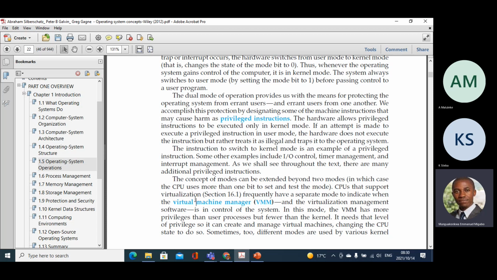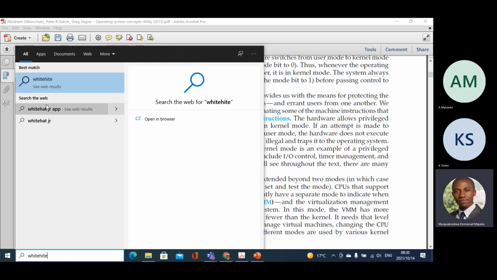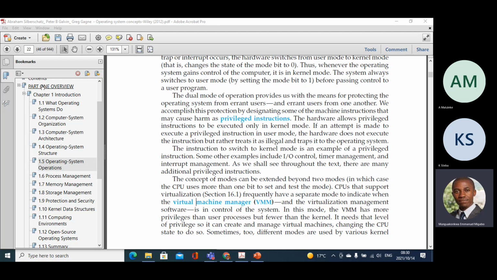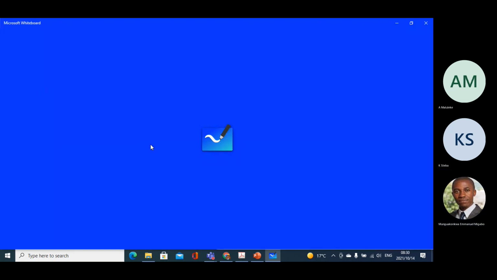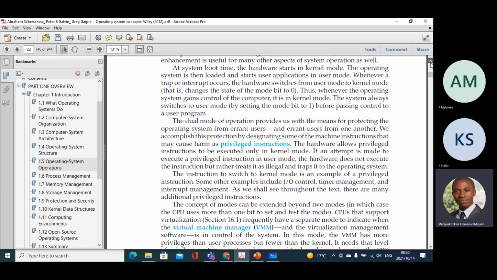If the virtualization bit is 0, we are in local mode, and in addition the mode bit is 0, so the 2 bits are 0, 0.